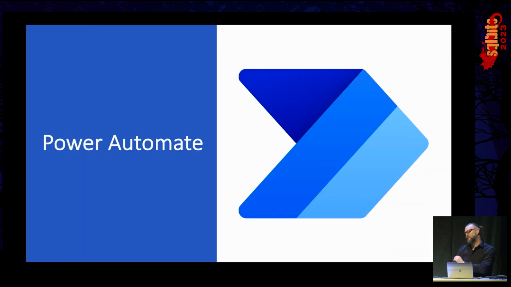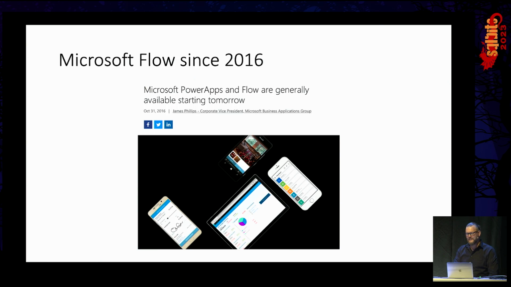Okay, Power Automate. We have to go back in time. In the year 2016, this was the first time Microsoft released it with the name Microsoft Flow. It's the same time when Microsoft released the Power Apps.